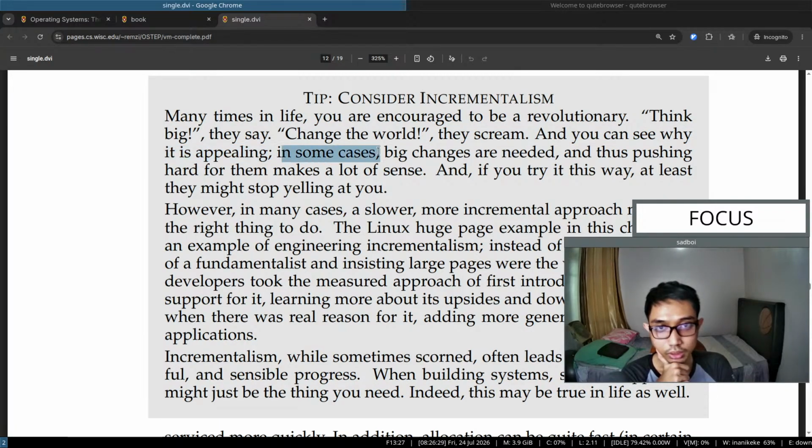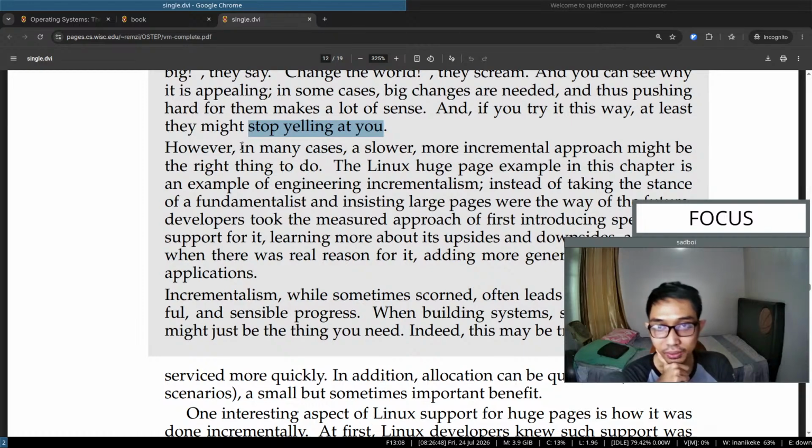In some cases, big changes are needed, and thus pushing hard for them makes a lot of sense. And if you try it this way, at least they might stop yelling at you. However, in many cases, a slower, more incremental approach might be the right thing to do.